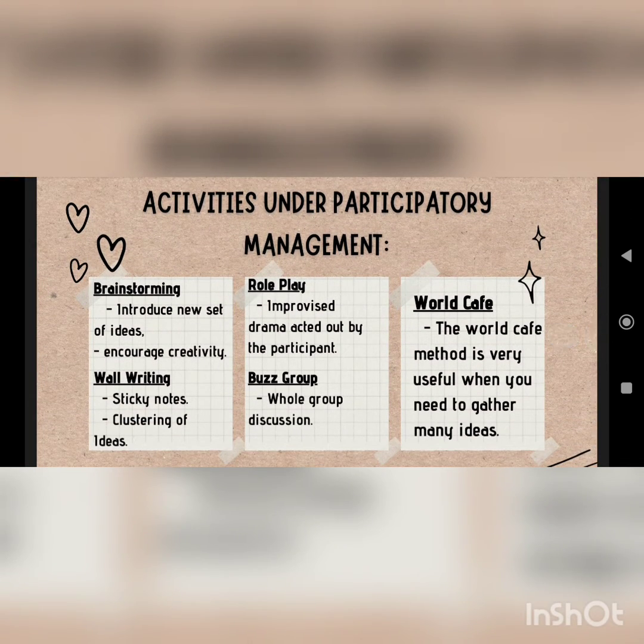These are some of the activities under participatory management. First is brainstorming, second wall writing, third role playing, followed by buzz group, and the last one is World Cafe. Brainstorming introduces a new set of ideas, encourages creativity, and generates lots of ideas that we will use for problem solving.